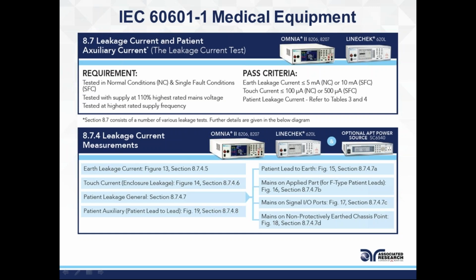One of the requirements that I haven't mentioned is that they request you do a high line test, meaning your voltage should be at 110% of the normal operating voltage that you expect for this device. So if you design your products to operate between 100 volts to 240 volts, you want to take the maximum voltage your product is meant to run at, 240, and then add 10% more voltage to that.